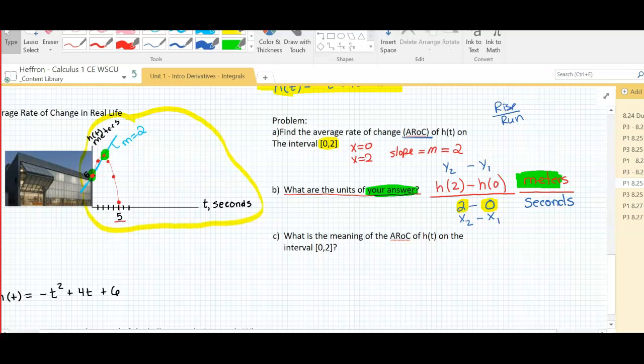Do you notice any similarities between meters per second and miles per hour? And is there anything else kind of like those two that you've ever heard of, maybe in physics back in 9th grade?